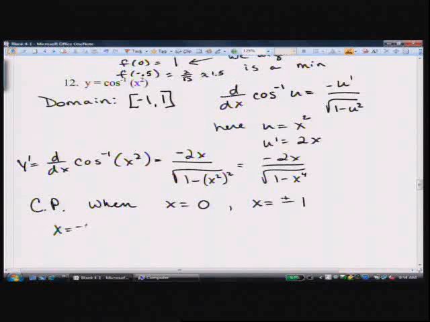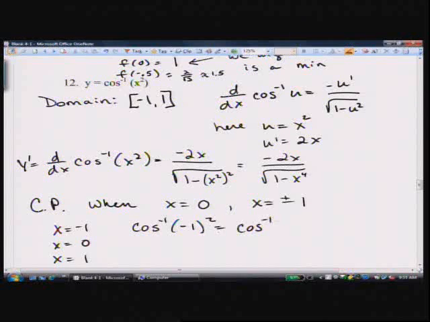Okay, so when x equals -1, when x equals 0, and when x equals 1, we find f of x. We're going to do the inverse cosine of -1 quantity squared, which is the inverse cosine of 1.